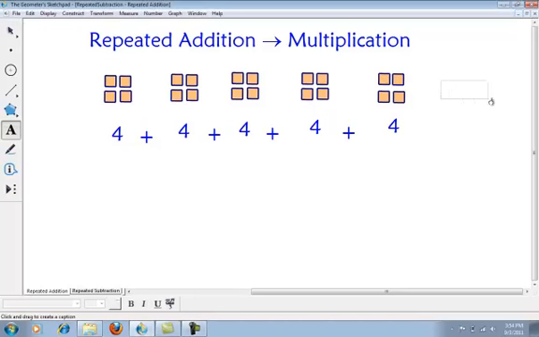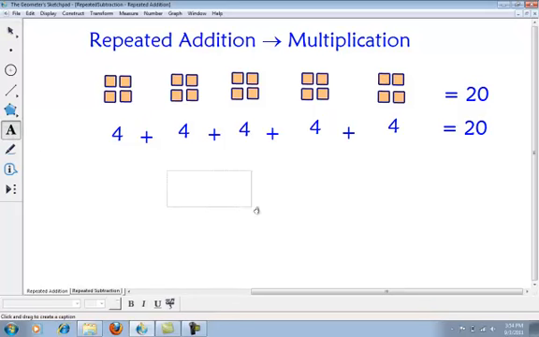So we know that this value here is 20. And that's what it would look like in pictures. We can write that out in numbers like this, 4 plus 4 plus 4 plus 4 plus 4. And if we add that up, we see that that value is also 20.